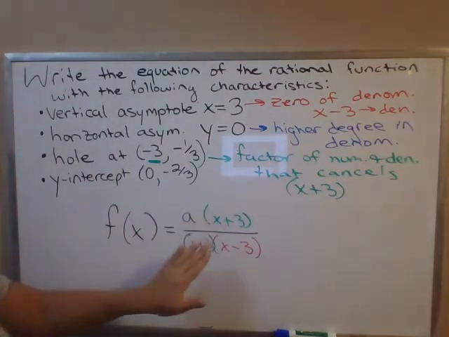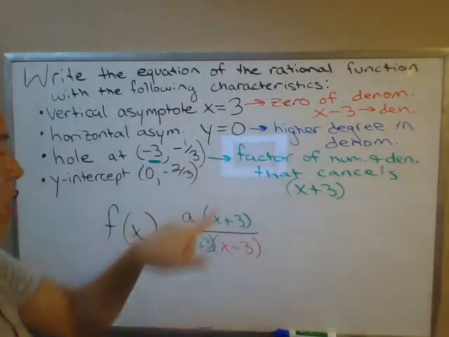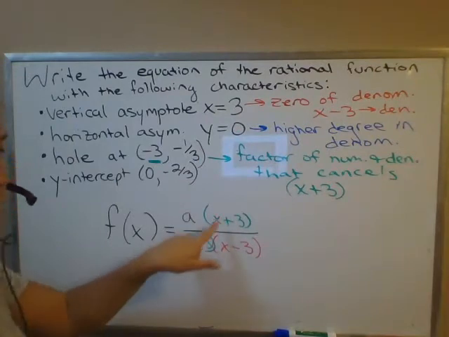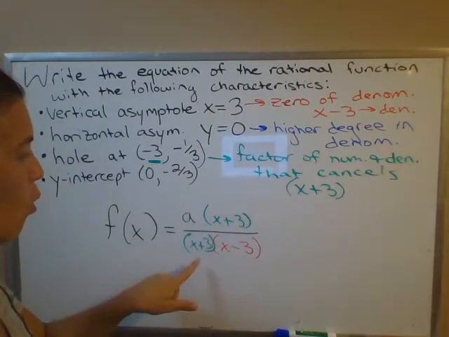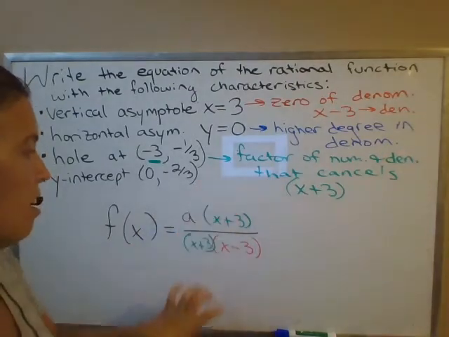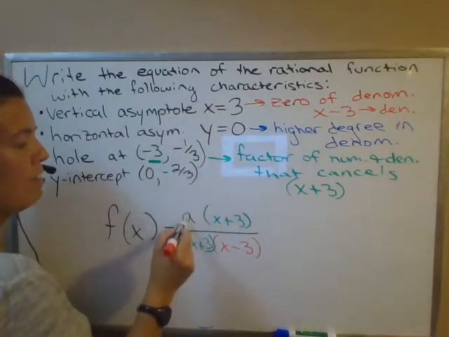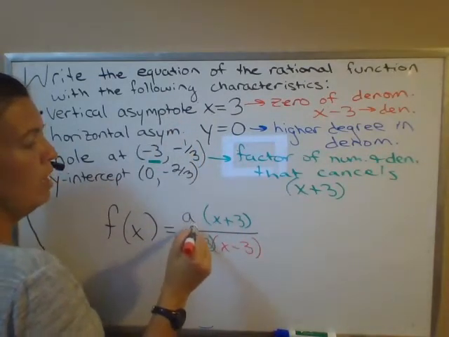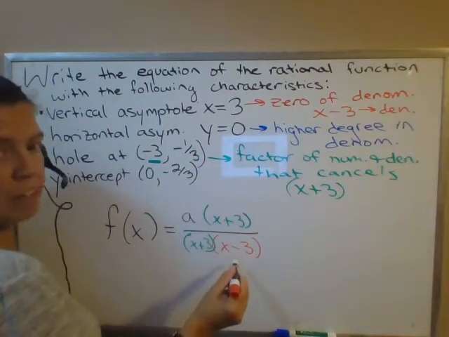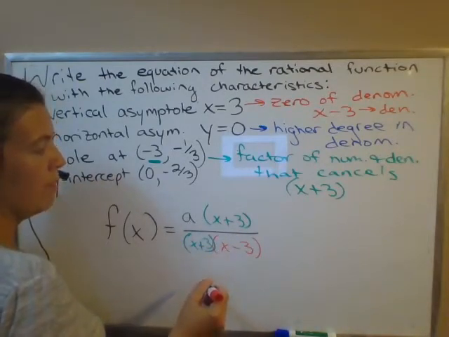So we know we have a factor of x minus 3 in the denominator. We know we have a factor of x plus 3 in the top and bottom because of that hole. Now there could be any number out front times these factors, and it would still have the traits that we've talked about so far. So you could have like 500 here or -2, and this thing would still have a vertical asymptote at x equals 3 and a hole when x is -3.